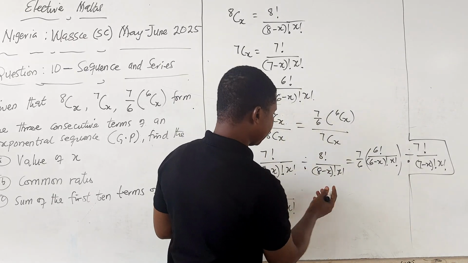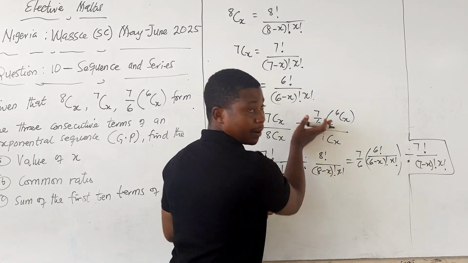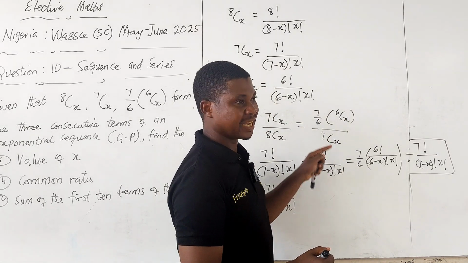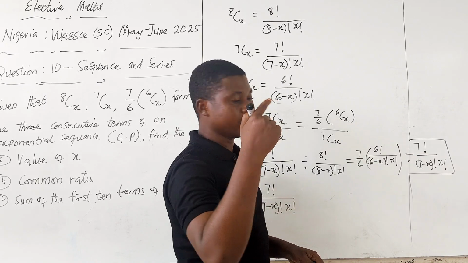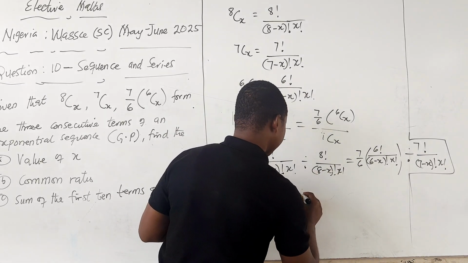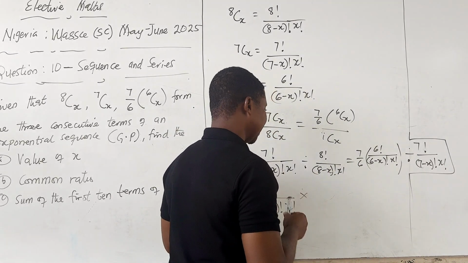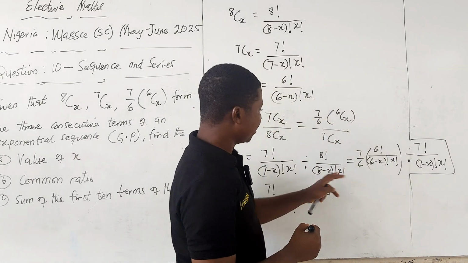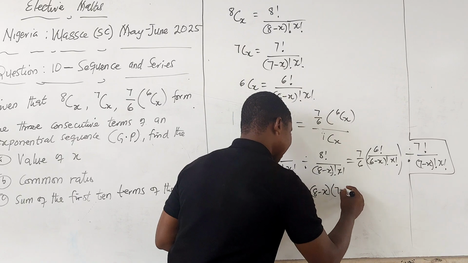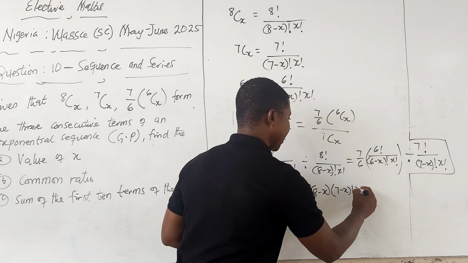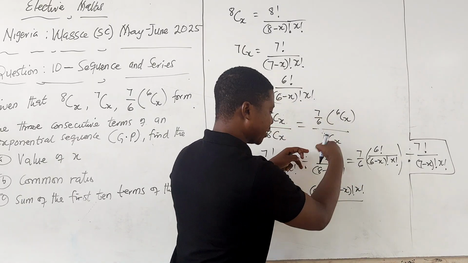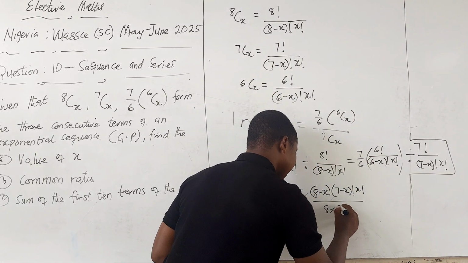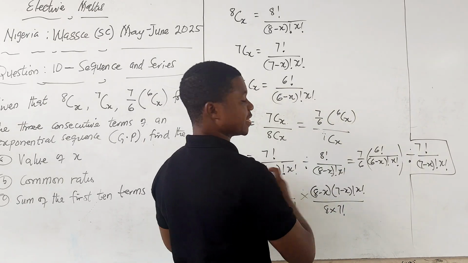So 8 minus x factorial can be reduced by 1: 8 minus x times 7 minus x factorial, then x factorial, all over 8 factorial, which we can reduce to 8 times 7 factorial. So this part is done.